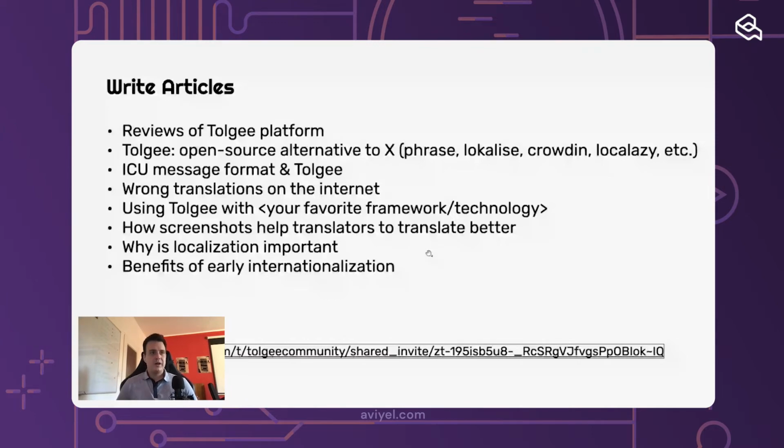You can write about how the screenshots help translators to translate better, or why localization is important, or also, for example, why it's a good idea to start with internationalization early in the development process, because then it's hard to translate all the strings or even find the strings in the application when it's not translated from the beginning. So there are some ideas we came up with.